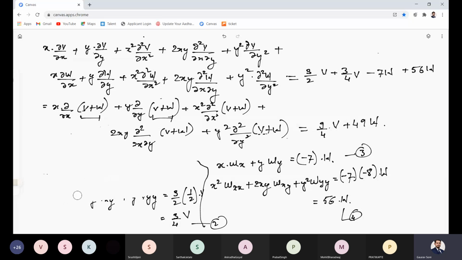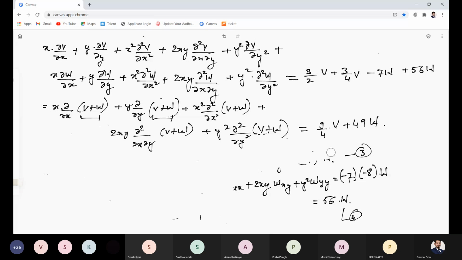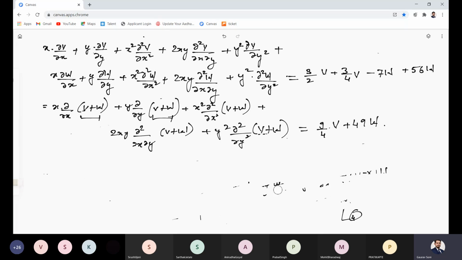Fine. Now we have to find this value at the point (1, 2). So the value of v at (1, 2) is something, the value of w at (1, 2) is something.